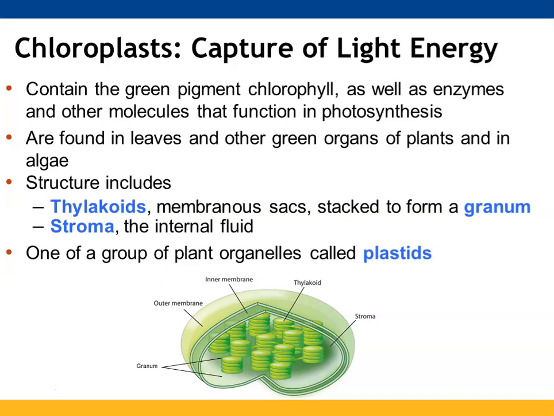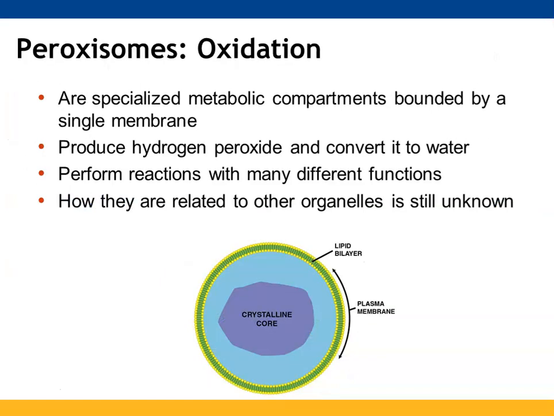If you have a set of thylakoids together, you have a granum, and those are what are going to allow the light and dark reactions to occur in photosynthesis. And so this just happens to be one of your plant organelles that's known as a plastid.